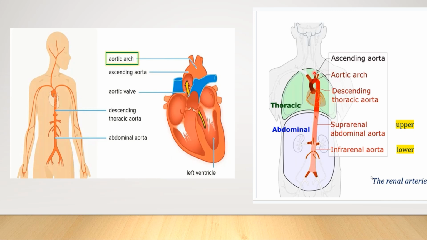These are the ascending aorta, and then the aorta starts descending down, and that particular part is called as a descending thoracic aorta. And then we have a diaphragm, and the aorta continues down with the various abdominal aorta. This part is called as abdominal, and then we have an infrarenal aorta. So these are the various parts of the aorta one must know when you are doing this topic.